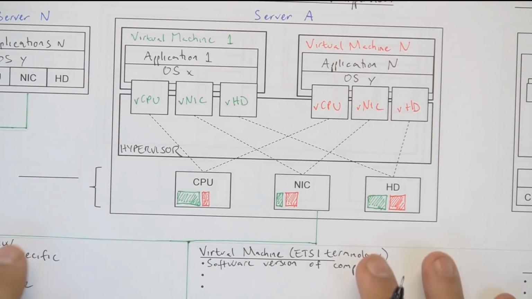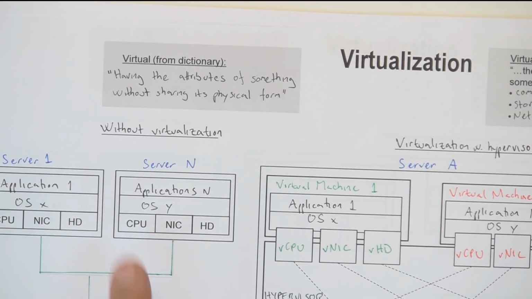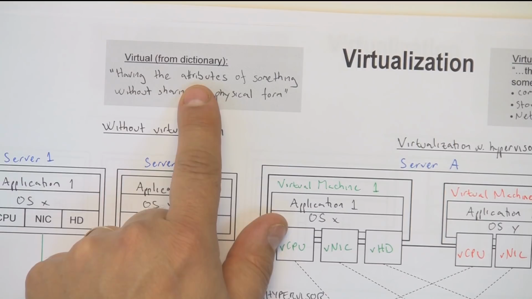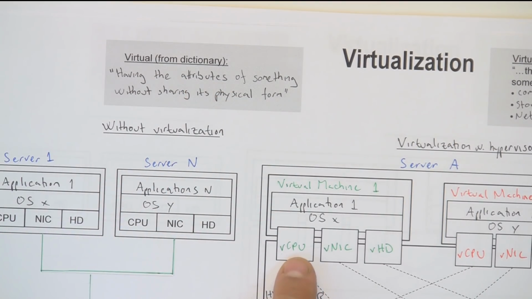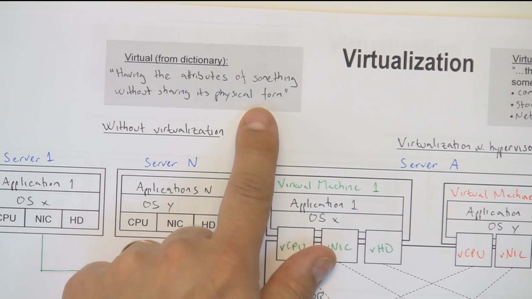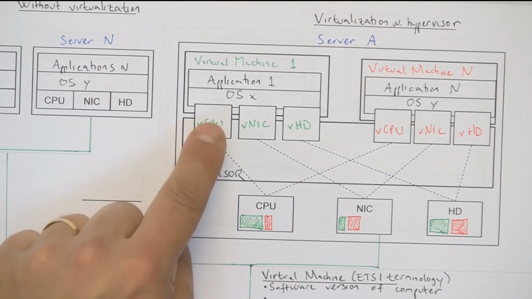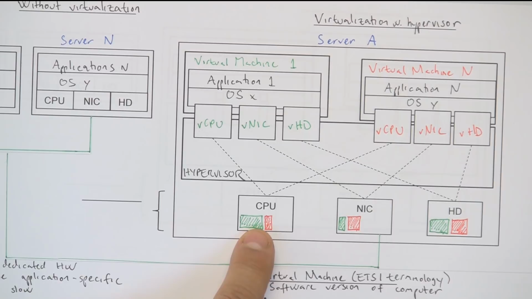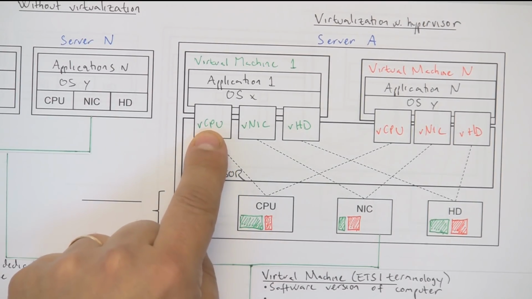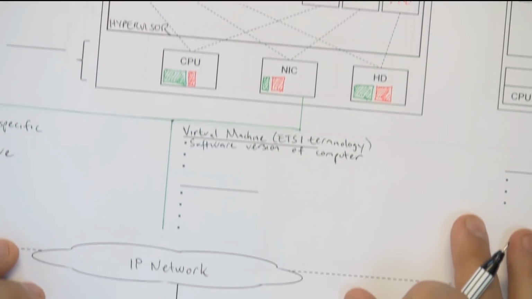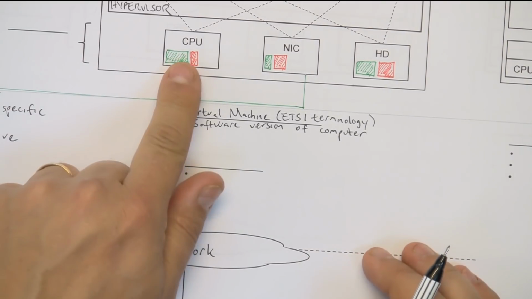Again, it behaves like that. It has those attributes. It has the attributes of a real CPU, but it doesn't share its physical form. It is actually just software here. This is the physical CPU. This is software, making use of the physical CPU.